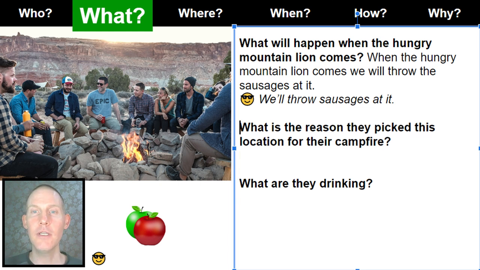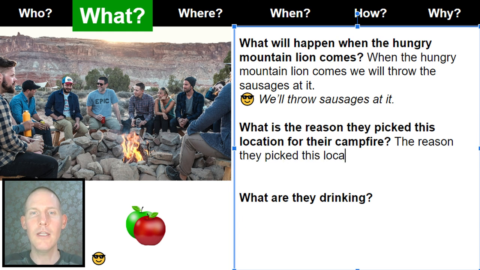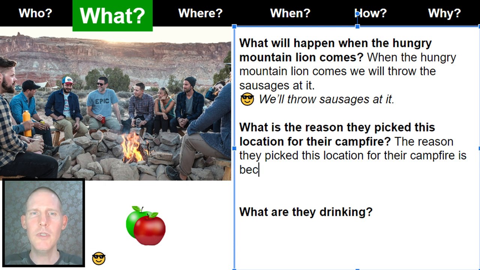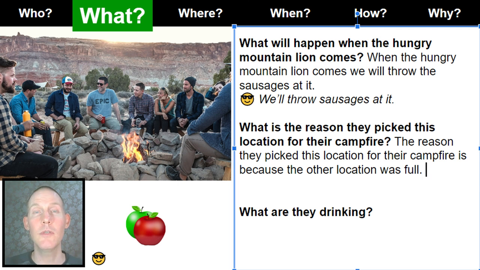What is the reason they picked this location for their campfire? Well, the long answer, the reason they picked this location for their campfire is because the other location was full, right? Maybe there's another location that was maybe close to a river or a lake or somewhere more desirable.